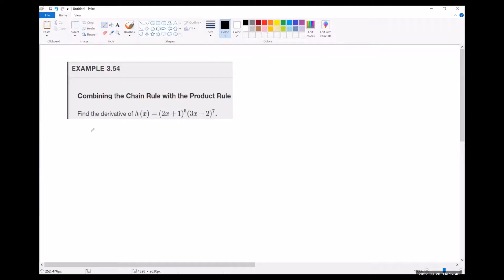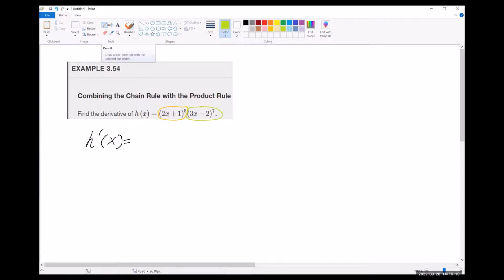So I need to find h prime, which is the derivative of h. But indeed, we're going to first think of this in terms of the product rule, because this is a product of this function and a product of this function.